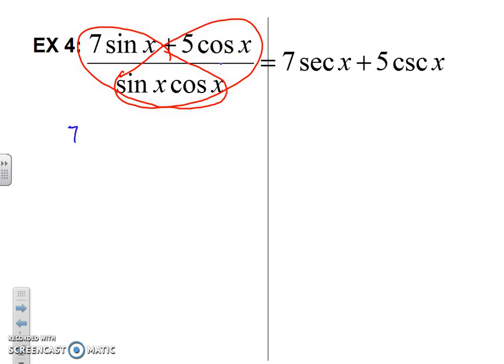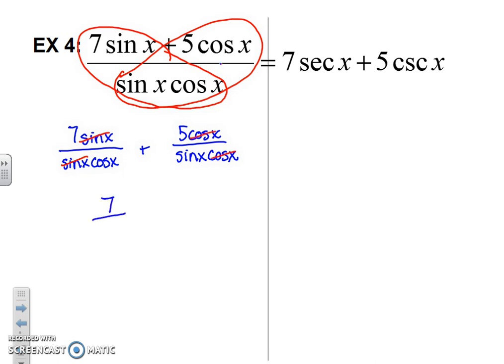So we're going to have 7 sine x over sine x cosine x plus 5 cosine x over sine x cosine x. And notice here, conveniently, our sine x's cancel here, our cosine x's cancel here. So that gives me 7 over cosine x plus 5 over sine x.